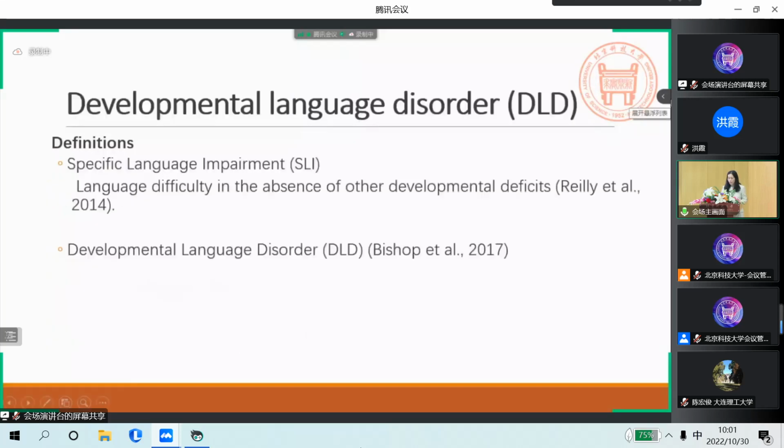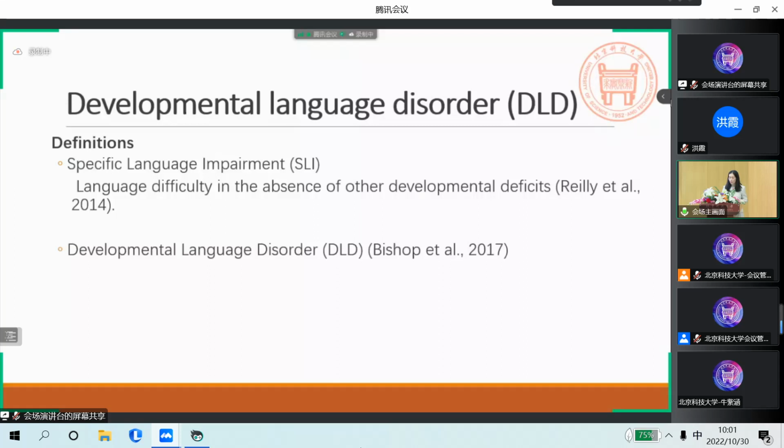So about DLD, developmental language disorders, actually it has been called specific language impairment. This type of language impairment is a specifically developmental one and also related to communication disorders. DLD interferes with understanding, language comprehension, and also study.